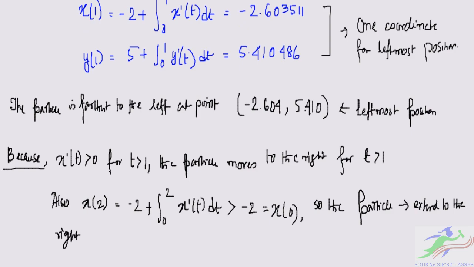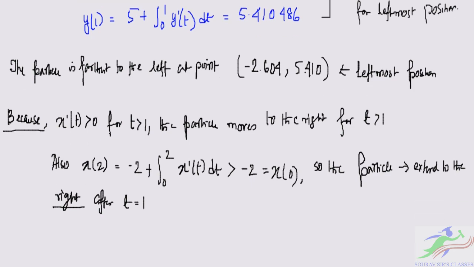Okay, of its initial position after time t equal to 1. So therefore there is no point at which the particle is furthest to the right. So that is the explanation.